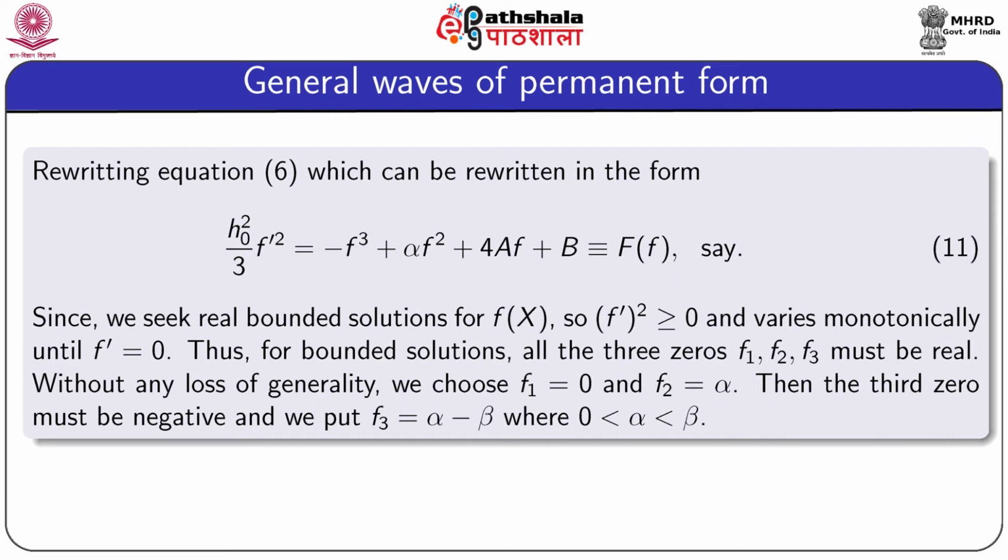So, without any loss of generality, we choose f1 as 0 and f2 as alpha, and the third root must be a negative number. So, we put f3 equals alpha minus beta, which is a negative number. So, 0 less than alpha less than beta.